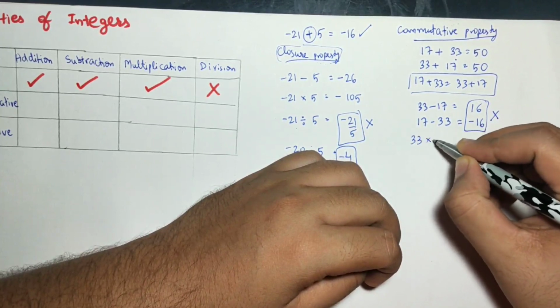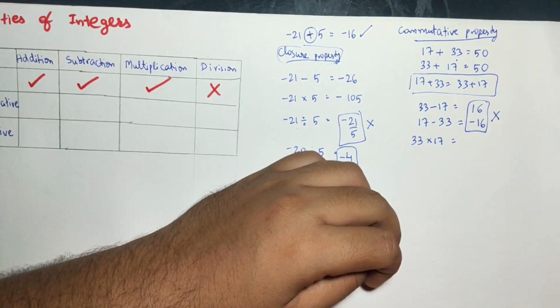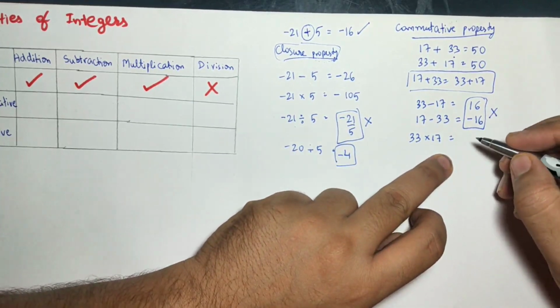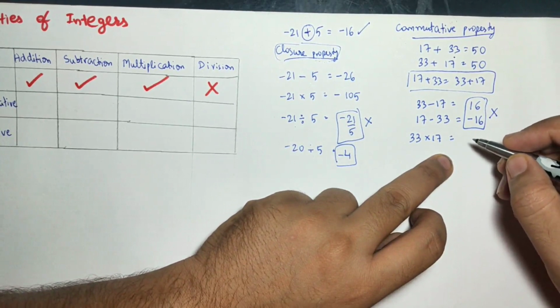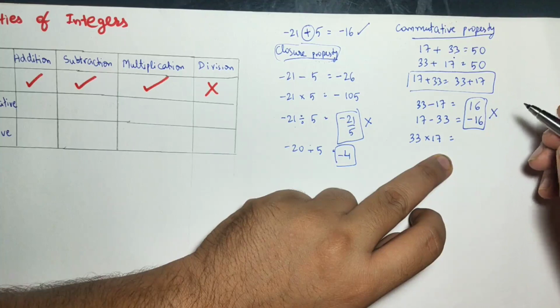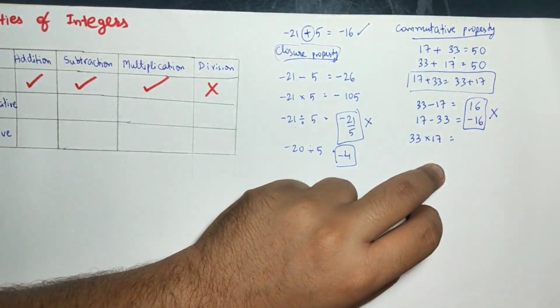Now 33 multiplied by 17. This I am performing for multiplication. 33 multiplied by 17. What will you get? Let me try over here.